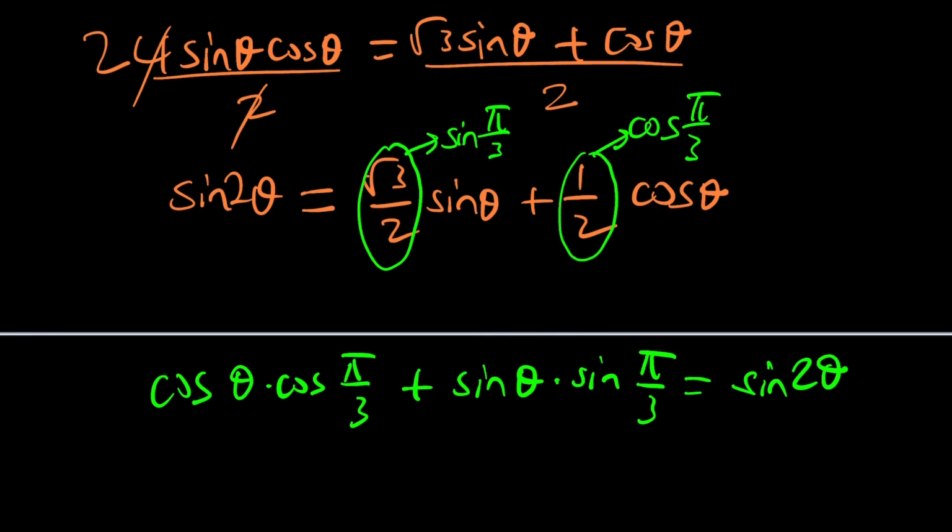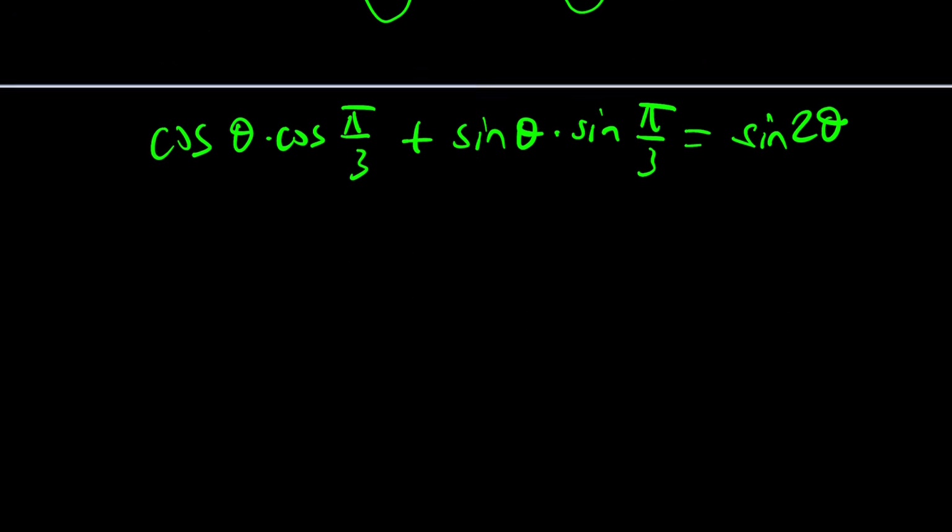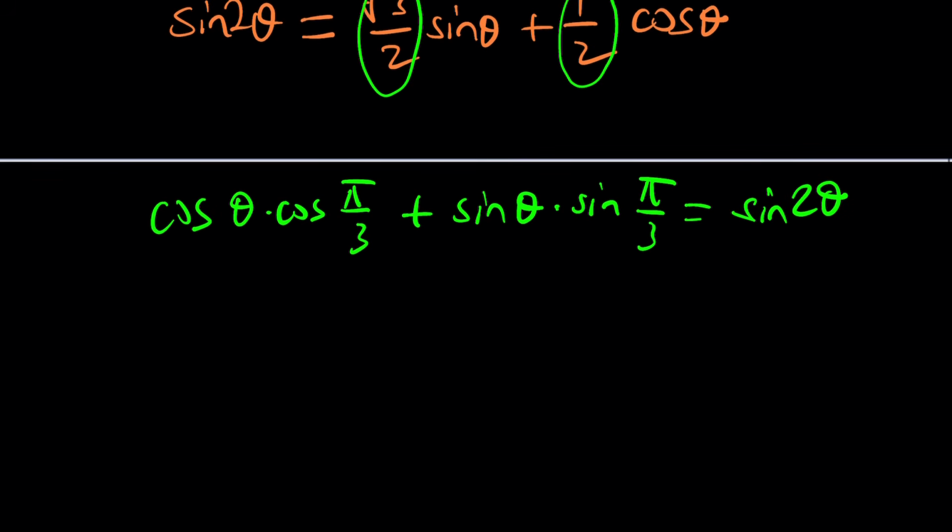And you might still be questioning, so what? How is this going to help? Well, if you're familiar with the sum and difference formulas, you're going to realize, hopefully quickly, that the left-hand side is cosine of theta minus pi over 3. Because one thing to remember is, first of all, this is a homogeneous type of equation.